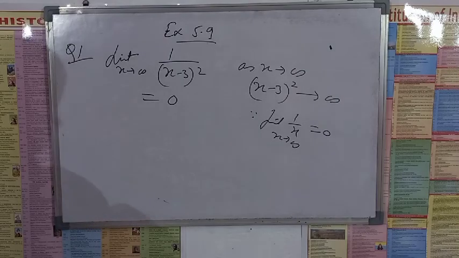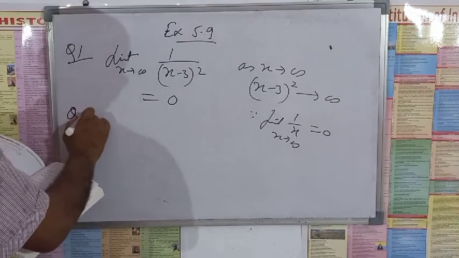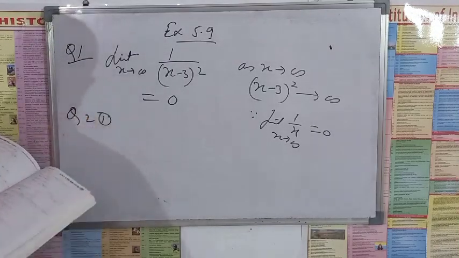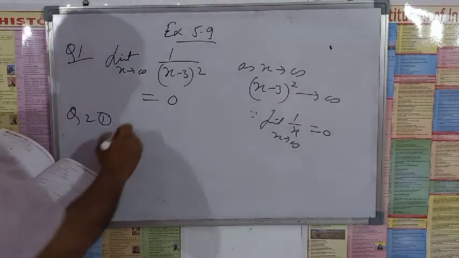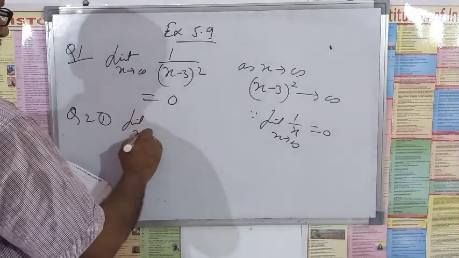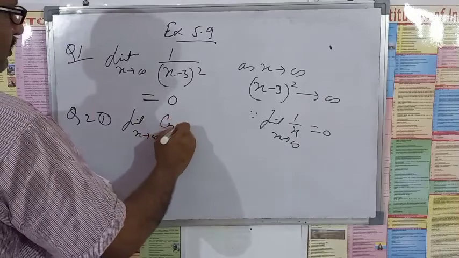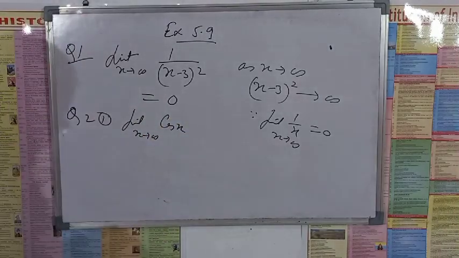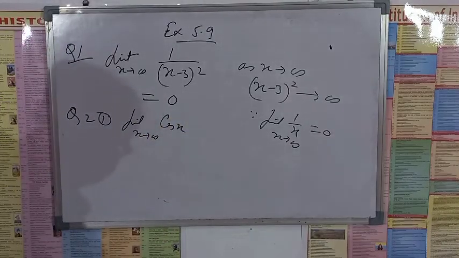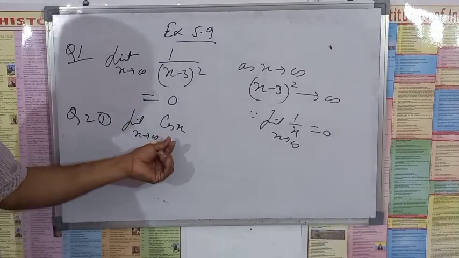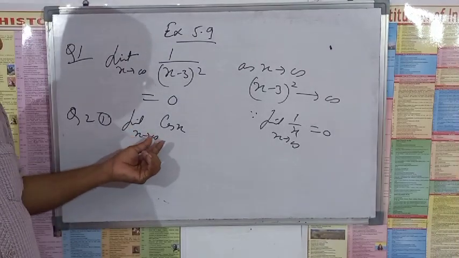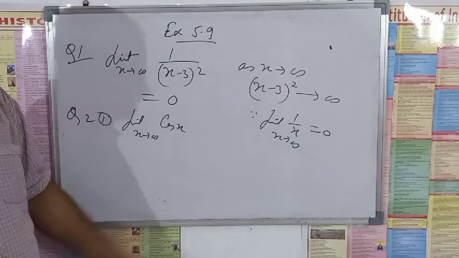Next, see question number 2, second part. Limit x tends to infinity of cos x. As x tends towards infinity, what will be the limit of cos x?